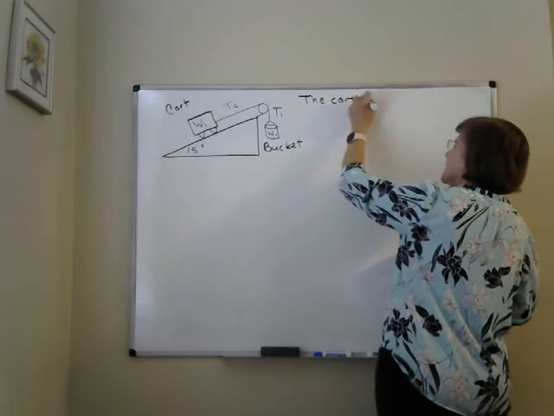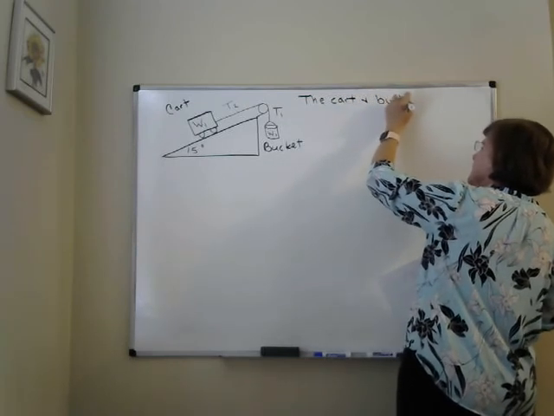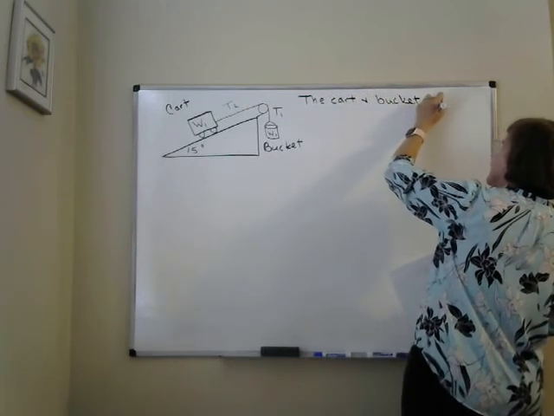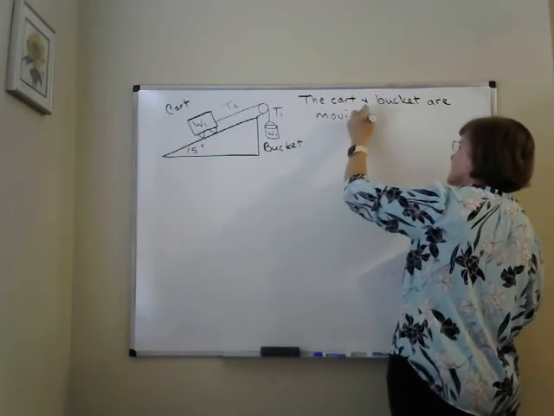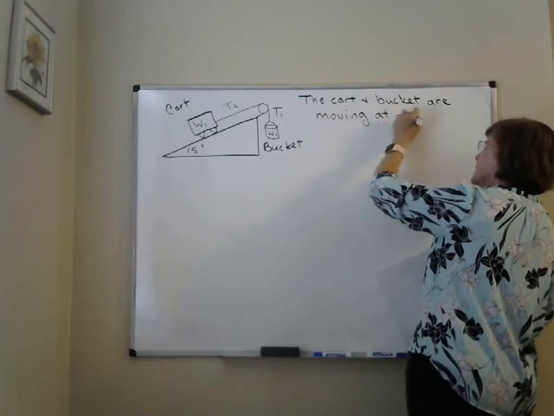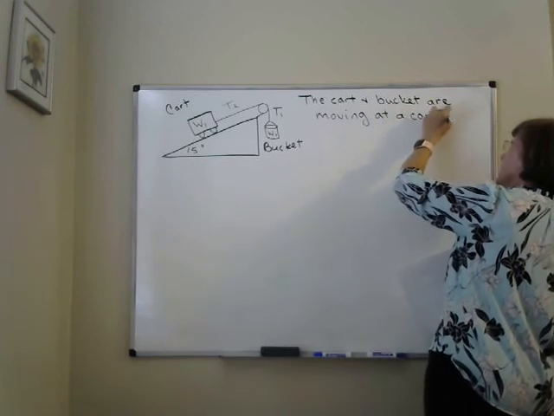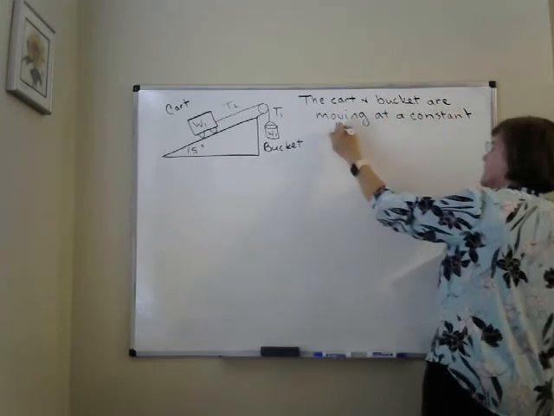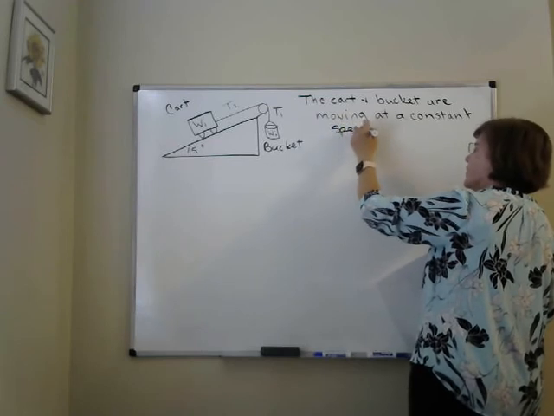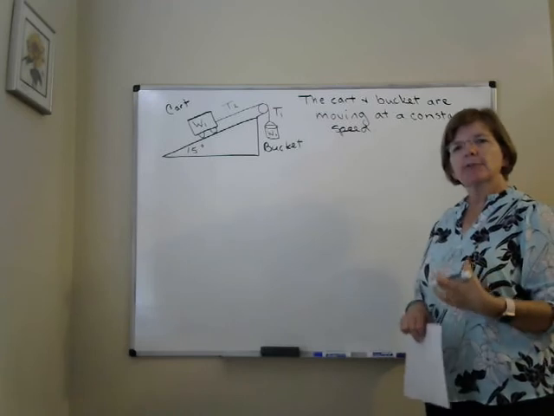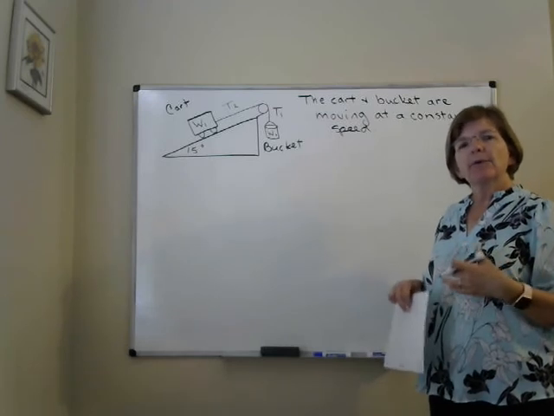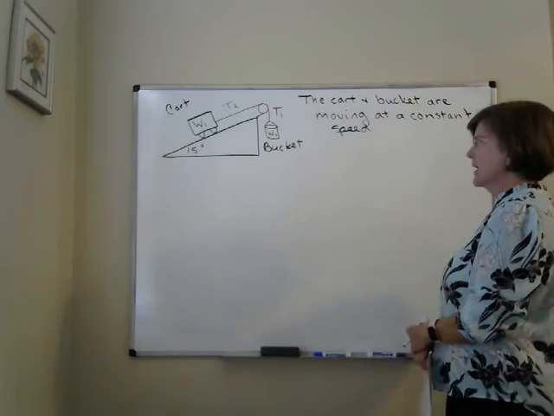The cart and bucket are moving at a constant speed. They're also both moving in straight lines. They're not moving in the same straight line, but they're both moving in a straight line.